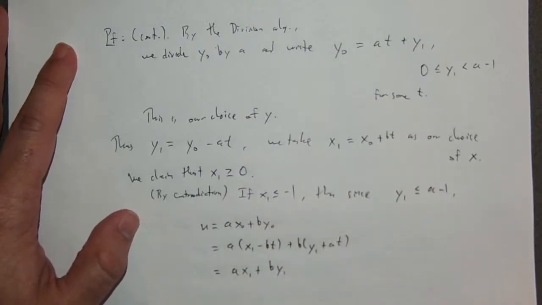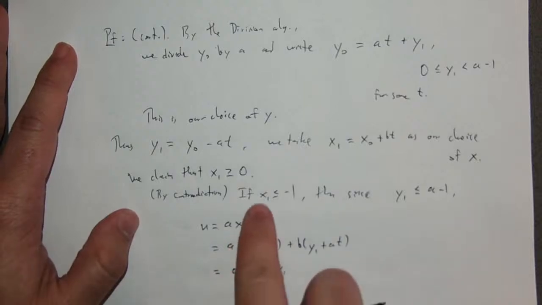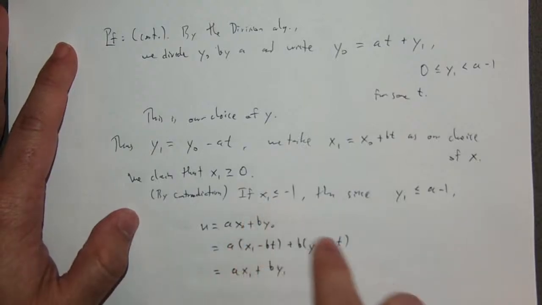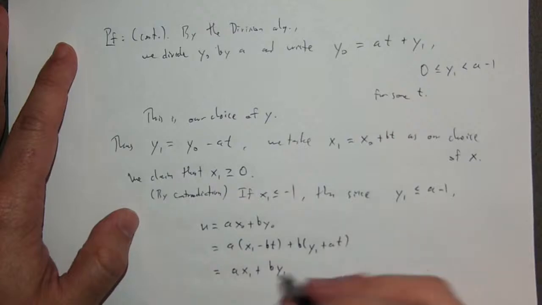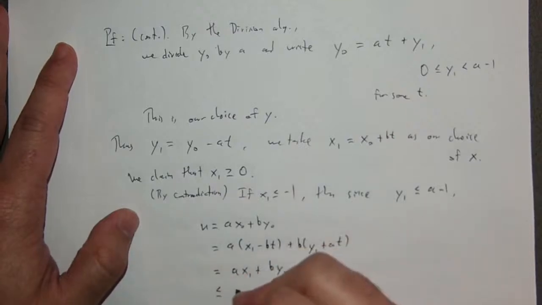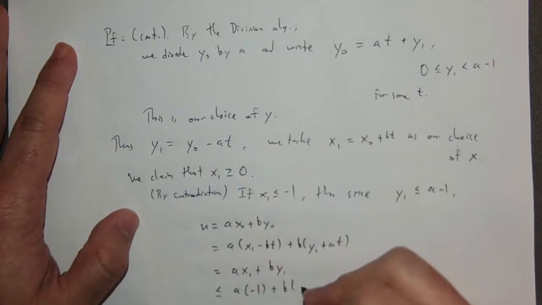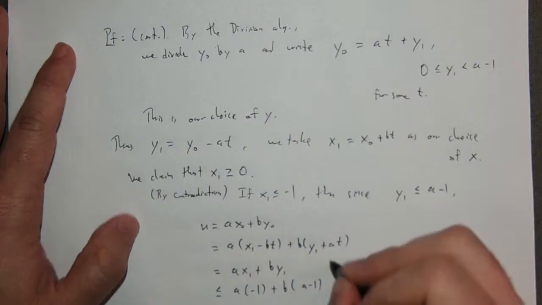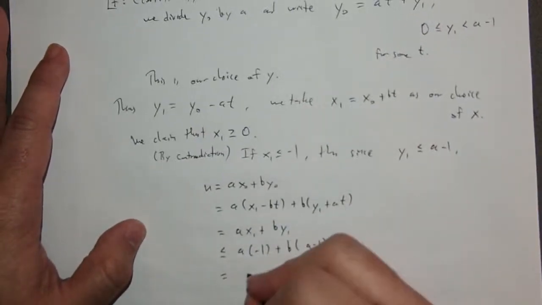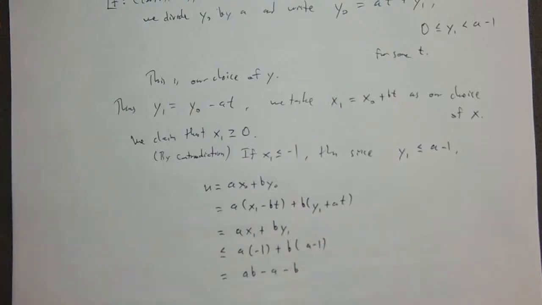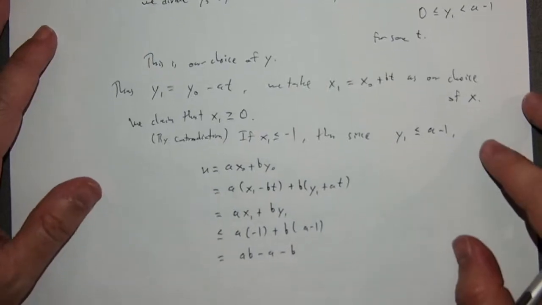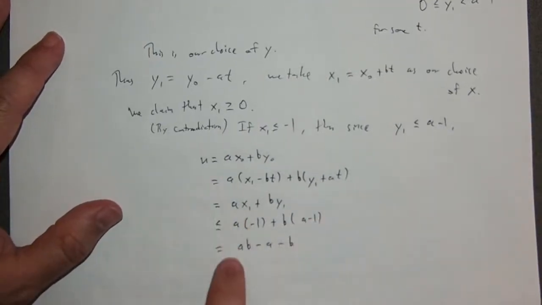But if x sub 1 is less than or equal to minus 1, and y sub 1 is less than or equal to a minus 1, so this is less than or equal to a times minus 1 plus b times a minus 1, which is equal to ab minus a minus b. Okay. But this is a contradiction, because I assume that n is definitely bigger than this, right?